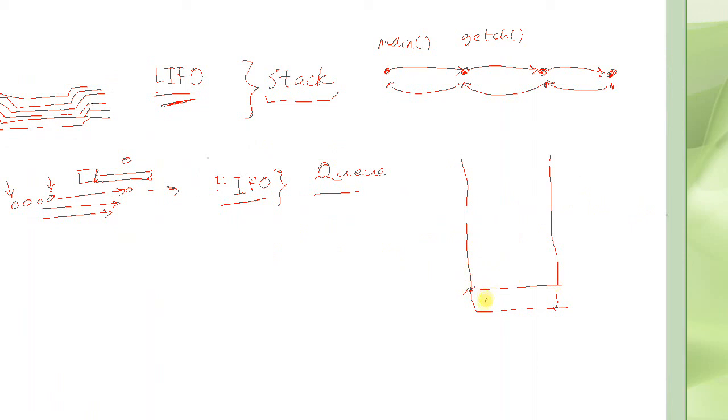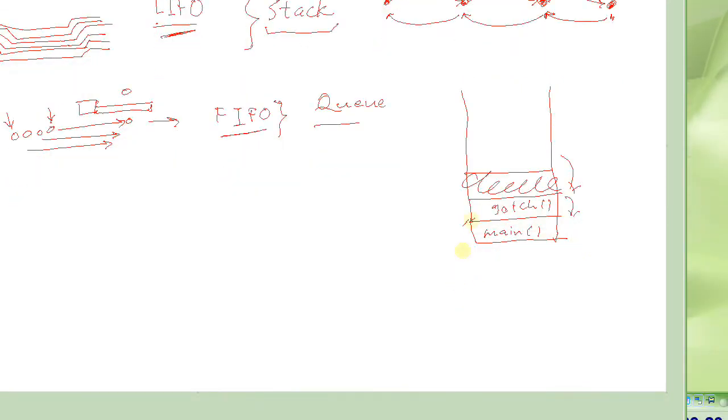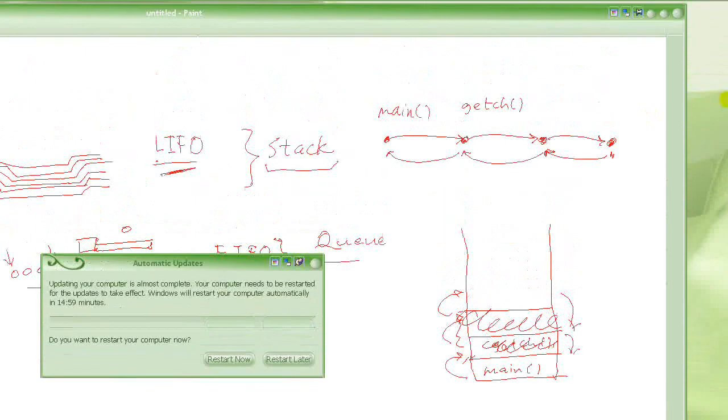This will be the main function's variables. Then the function call that it makes, its variables are created here, and so on. And then as these functions return, their memory is cleared. This is cleared, then this returns, it's cleared, and this memory is available for subsequent calls to other functions. I'll stop here. Thank you.